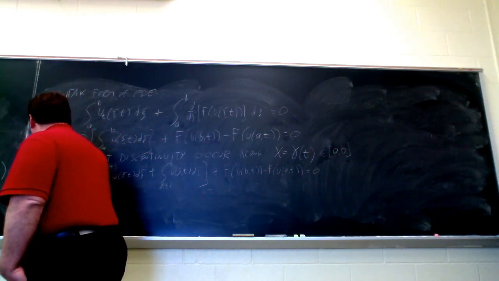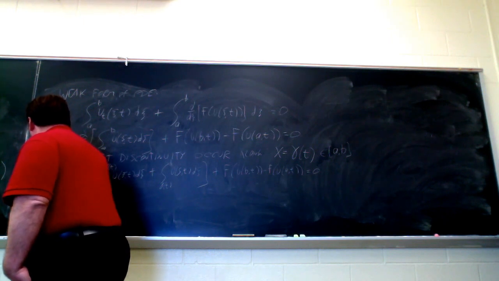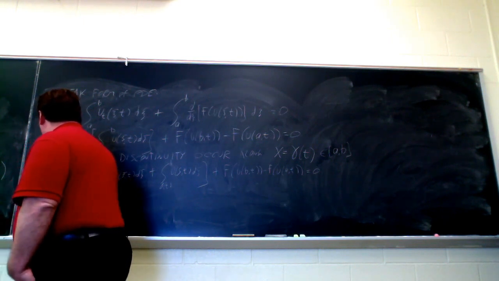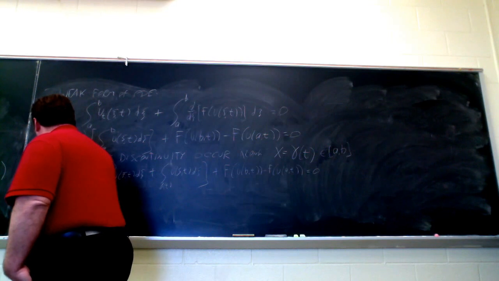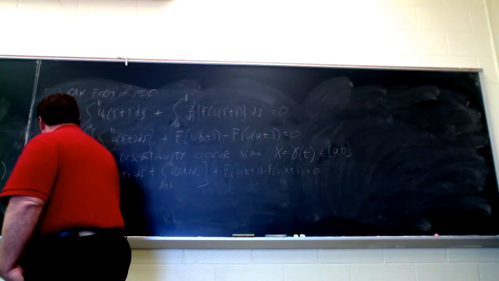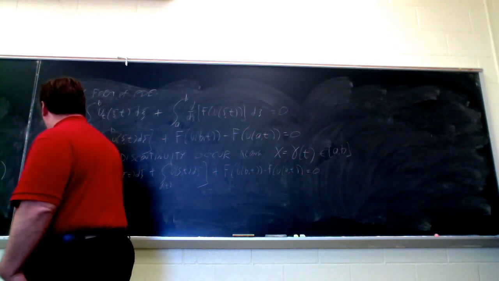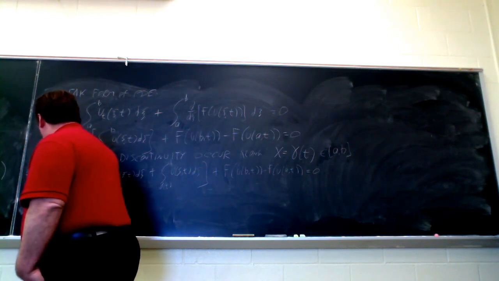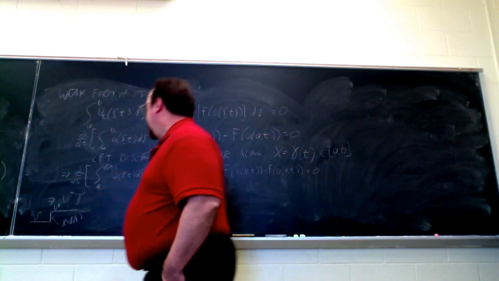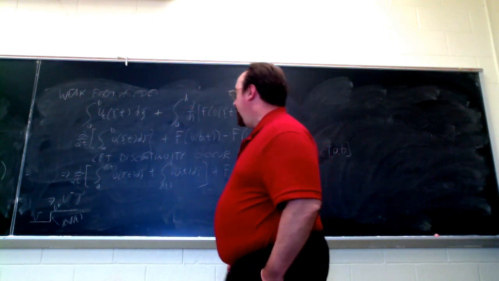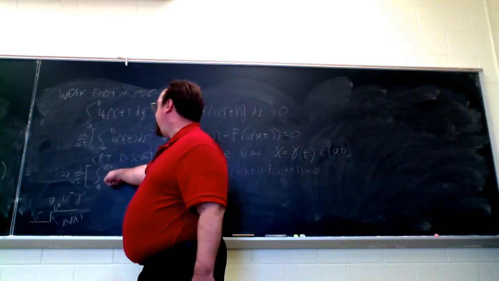Now, the idea is, here we have a discontinuity in u. So here we have x equals gamma of t. The value of u on the left side, I'm calling u minus. The value of u on the right side, I'm calling u plus. So here we have u minus.